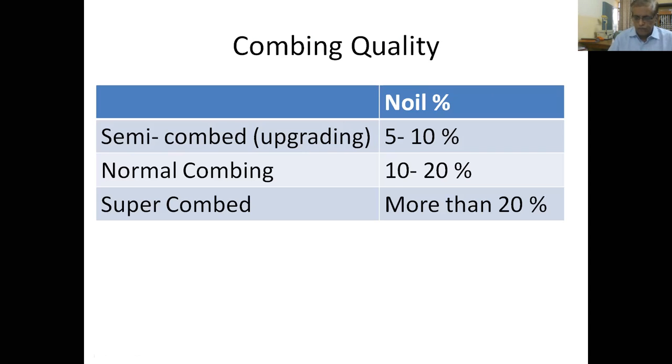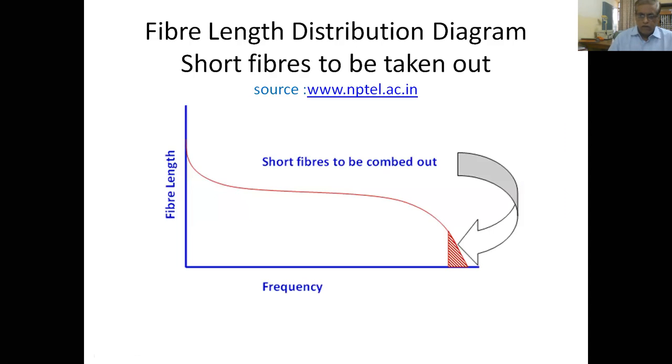This diagram shows the fiber length distribution diagram, with short fibers to be taken out. In this, the red colored short fibers will be removed, and the fiber length distribution of the cotton will be like this.